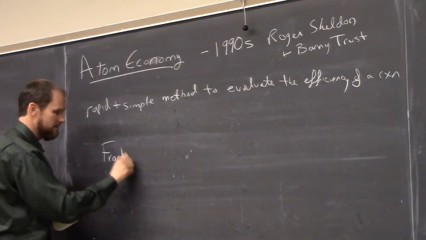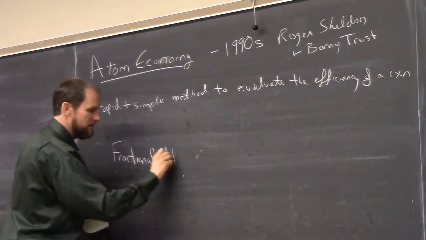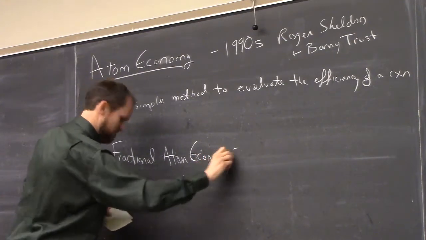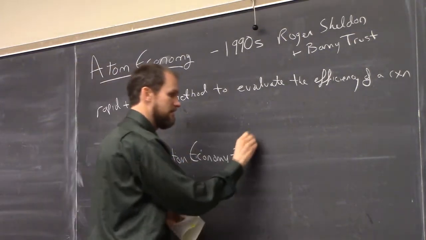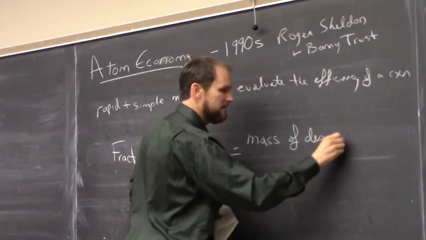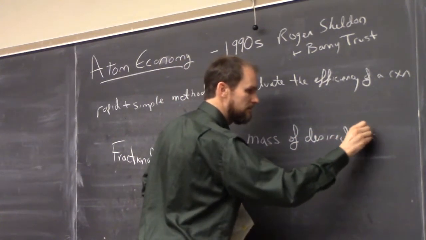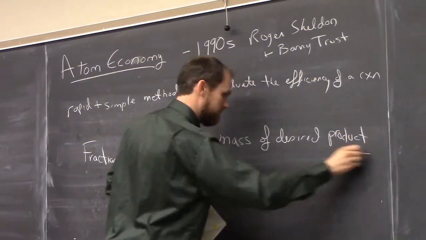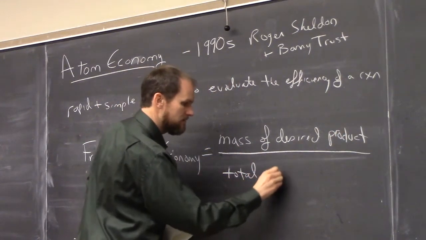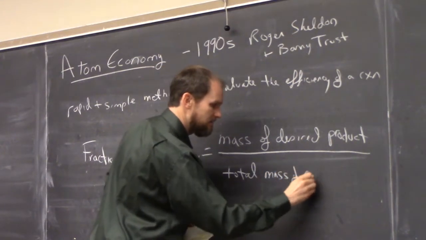Here's the formula. Fractional atom economy equals the mass of the desired product divided by the total mass of the reactants.